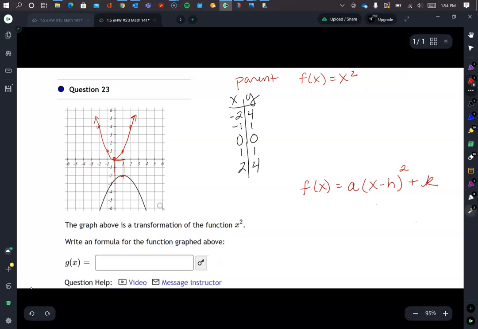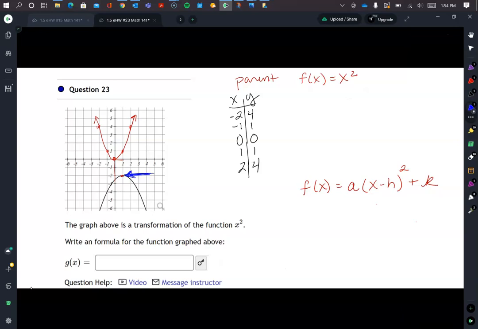But I also wrote out the more expanded version of the parent function. So this is vertex form, so you can look at how things shifted. With parabolas it's kind of nice because you do have a standard key point you can plug in.